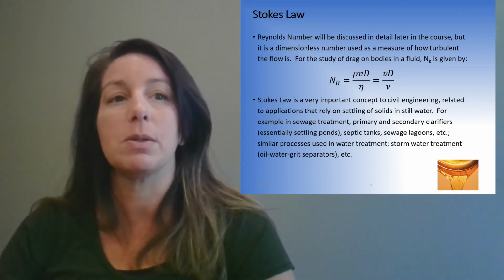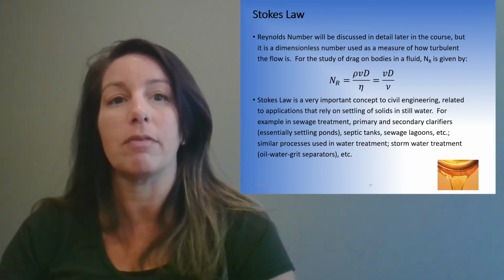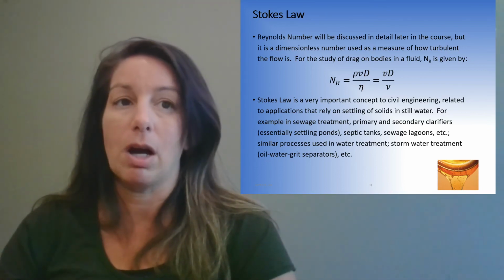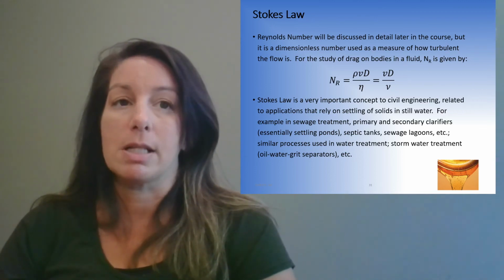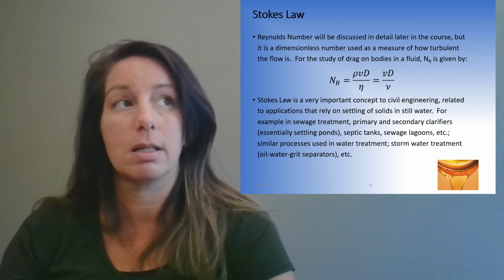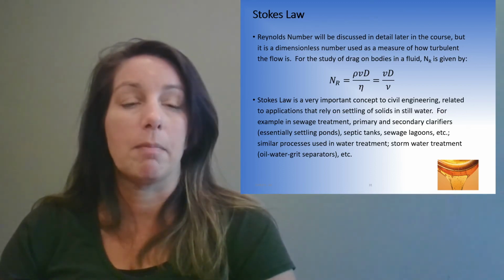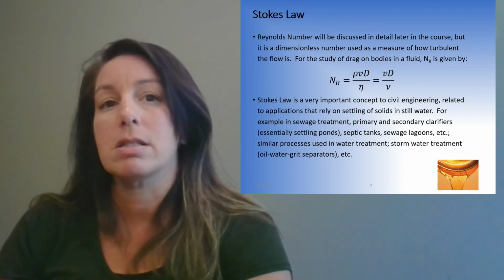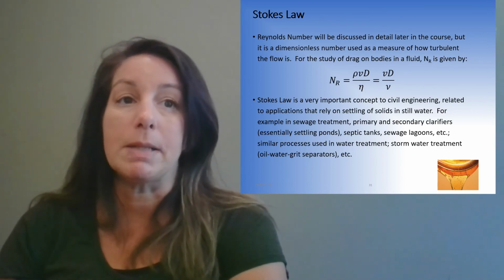For example, in sewage treatment, primary and secondary clarifiers are essentially settling ponds. Again, I'm not sure if you guys have gone into this yet, the different types of sewage treatment: primary, secondary, tertiary, different types of clarification. So primary and secondary clarifiers, settling ponds, septic tanks.